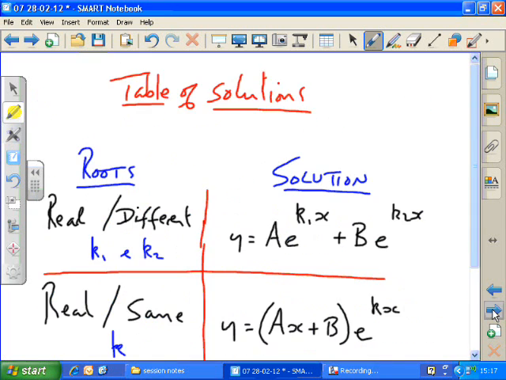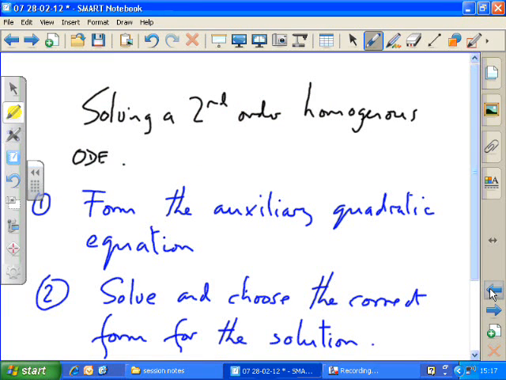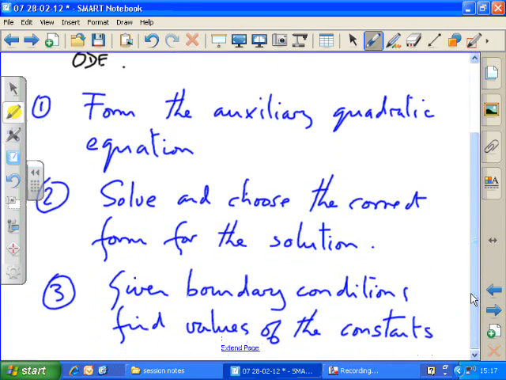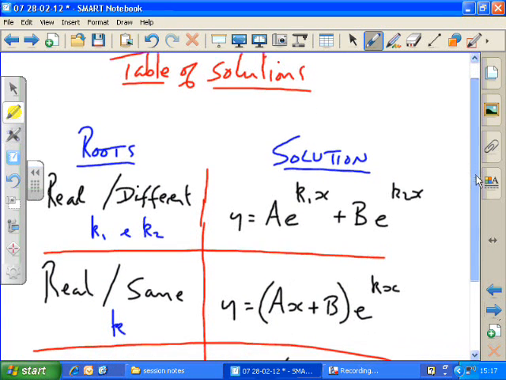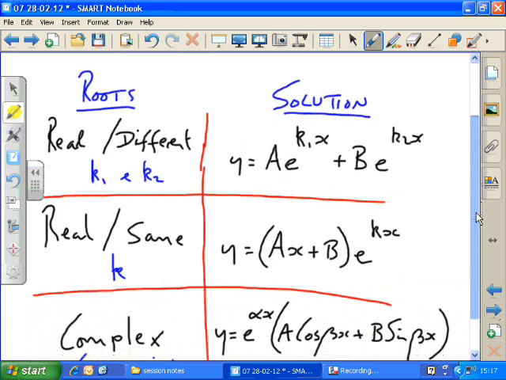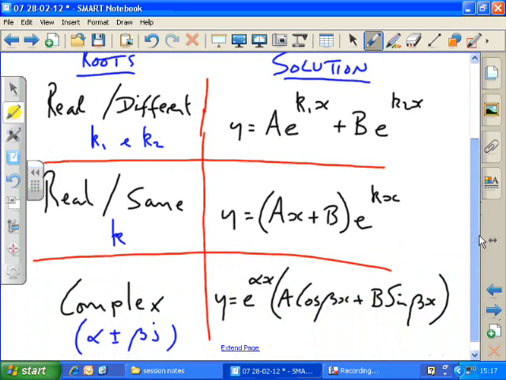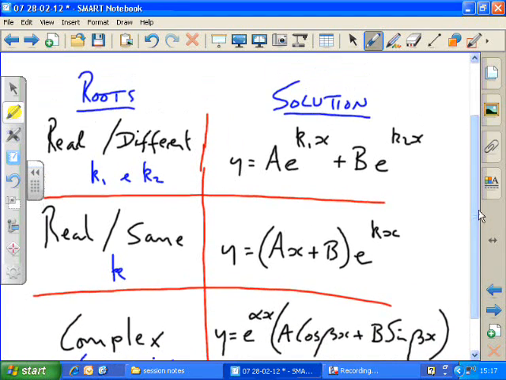So, first of all, in step 2, it says solve and then choose the correct form for the solution. Well, this table of solutions are the 3 forms that we need to consider. We're going to be solving quadratic equations. So we'll get solutions or roots to this quadratic equation.